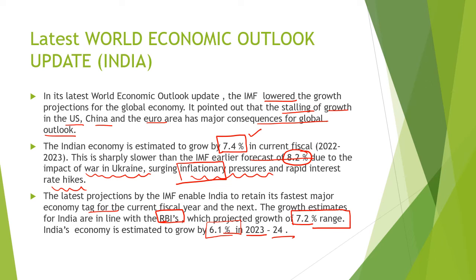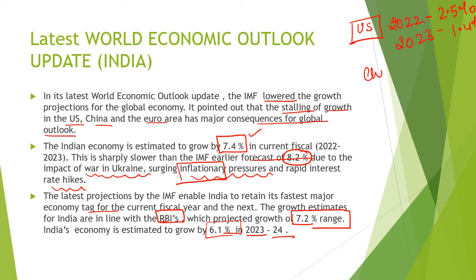Now, this is a very important thing. If you see the graph, the world's growth has been expected to be 3.2% in 22 and 2.9% in 23. For the US, which is the most important country, the GDP growth rate is expected to be 2.5% in 22, and in 2023 it is projected as 1.4%.